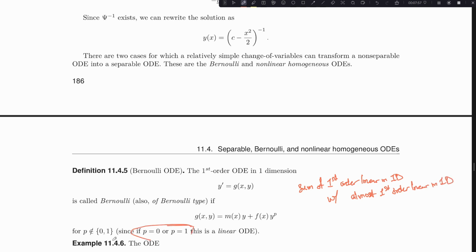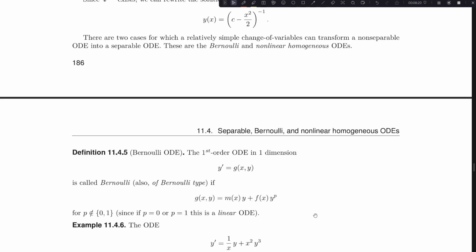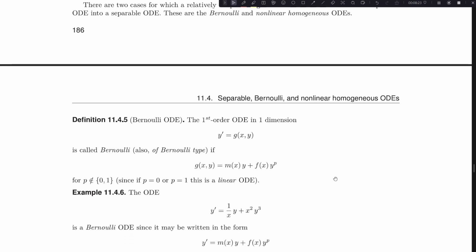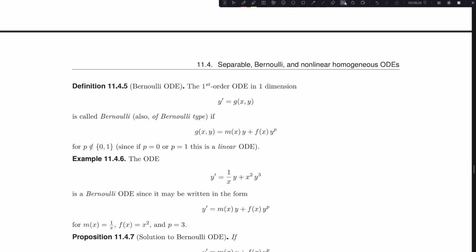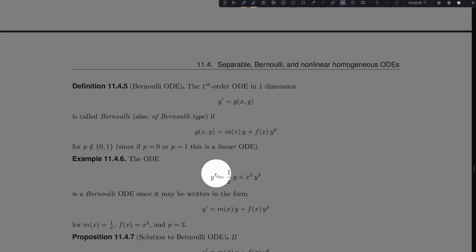Because if p were 0 or p were 1, then we would truly have something linear homogeneous, and if the power p were 0, we'd have something linear non-homogeneous in one dimension. And so this is similar to those, but not quite. But that's what makes us think that maybe we could get, under a change of variables, to something that is actually solvable.